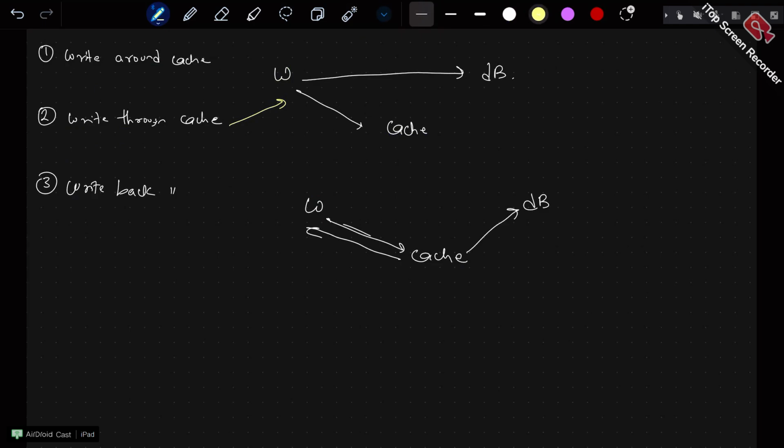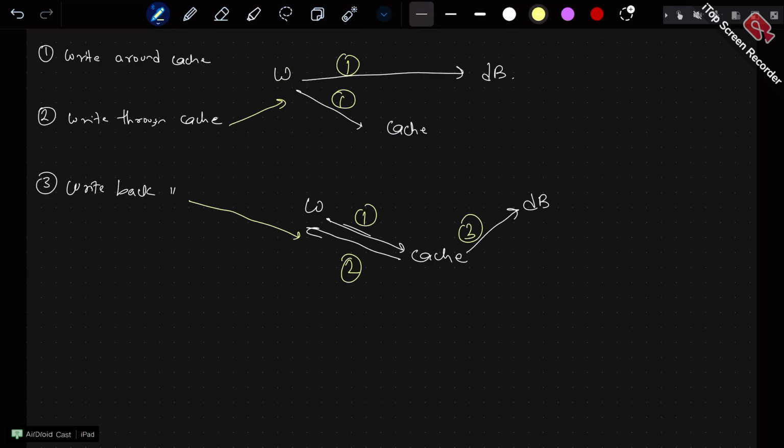In that case, this is called write back cache. That means at the back it will write to the database. Each one has cons and pros, which we will discuss.